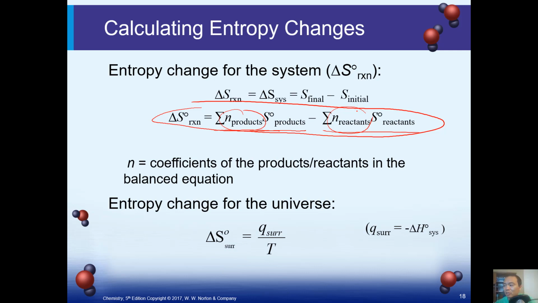If you recall, we have learned previously in General Chemistry 1 that delta H for the reaction is the total enthalpy change for the products minus the total enthalpy change for the reactants.